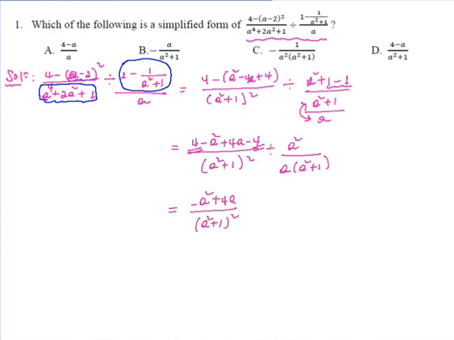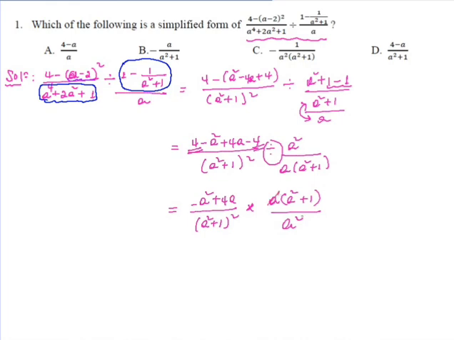Now this is division, so taking the reciprocal, the operation will be changed into multiplication. Therefore, it becomes a times a squared plus 1 over a squared. Now we have something that can be cancelled out.